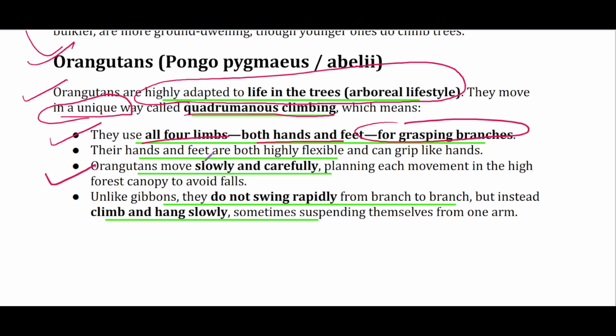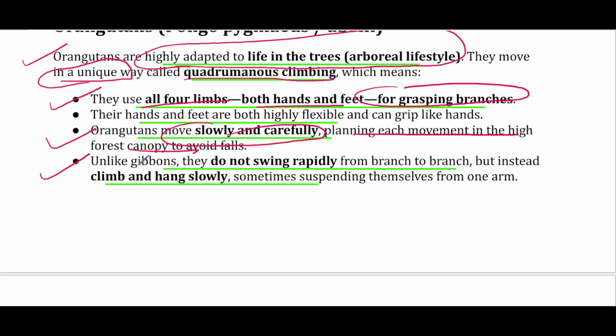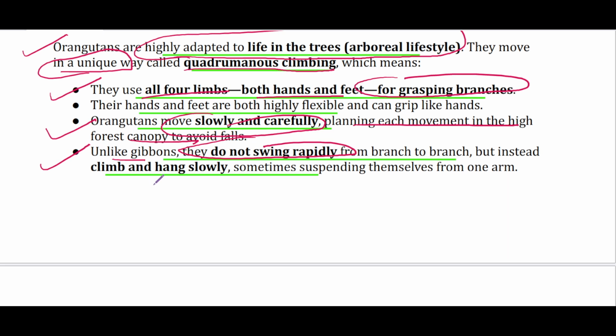They move slowly and carefully, planning each movement in a high forest canopy to avoid fall. And unlike gibbons, they do not swing rapidly from branch to branch, but instead they climb and hang slowly, and then they plan their movement and move across from one branch to another, or across the forest canopy.